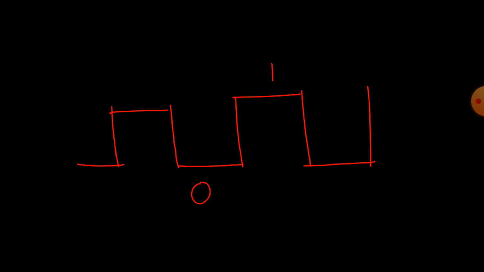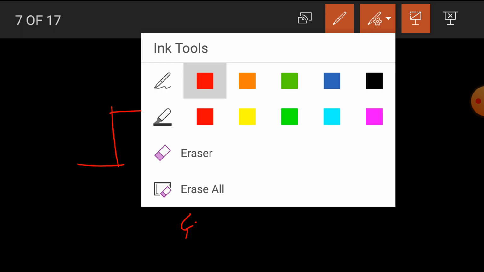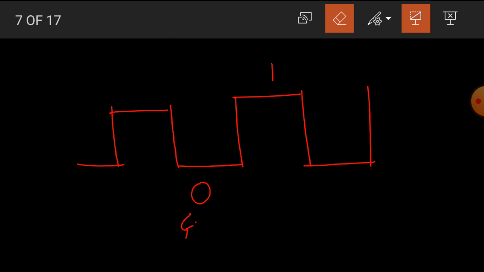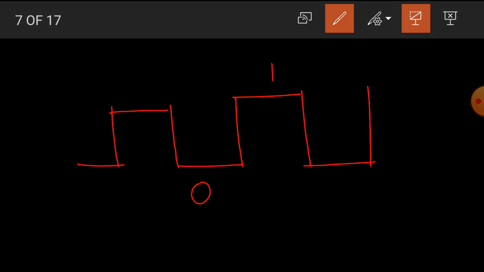This 0 is also called ground, and 1 is also called VCC.